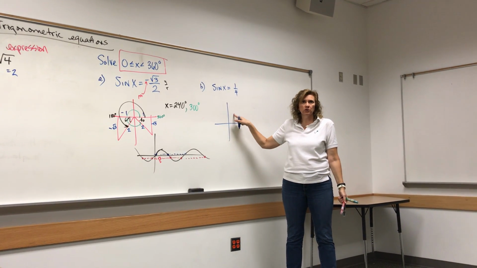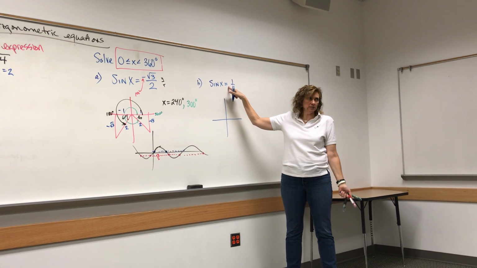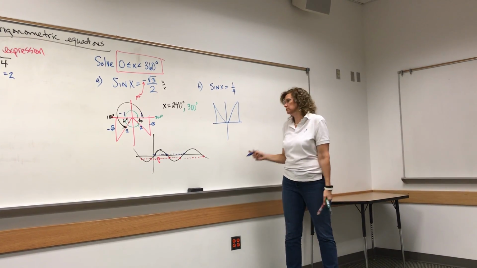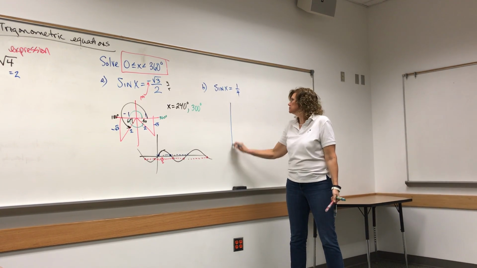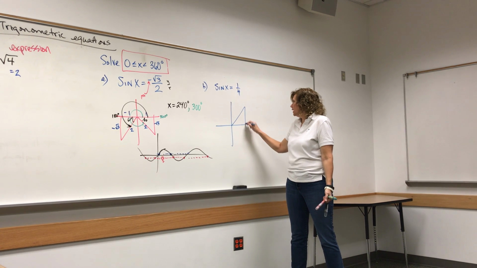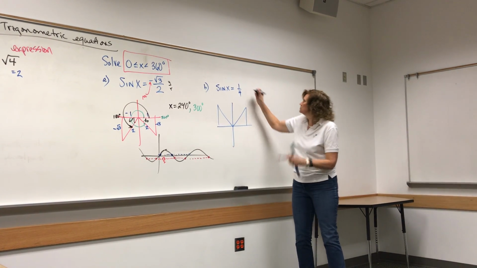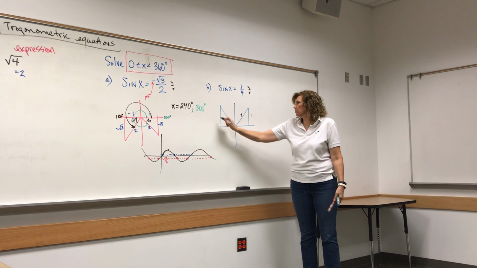Sine is positive in the first and second quadrants. And we can label our ratio y over r. So we got 1, we got 4, we got 1, we got 4.